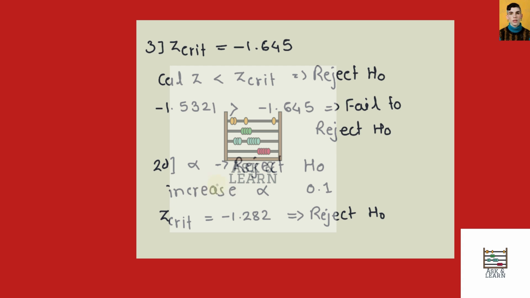So alpha equal to 0.1 is such a level of significance for which we would come to the opposite conclusion of our test.